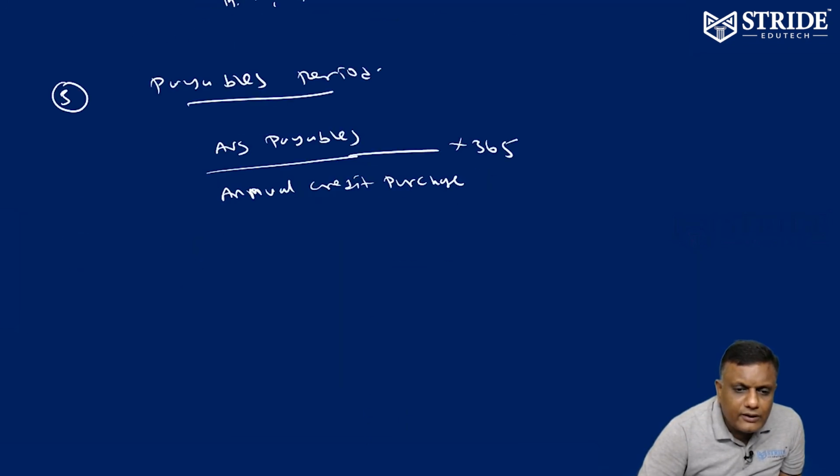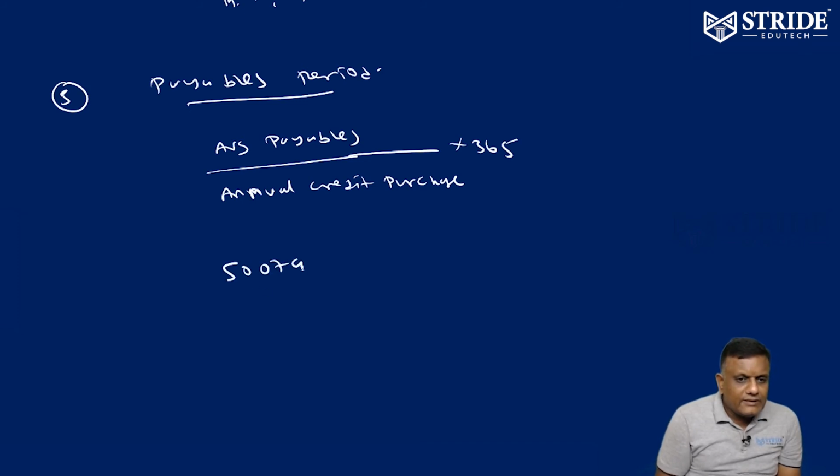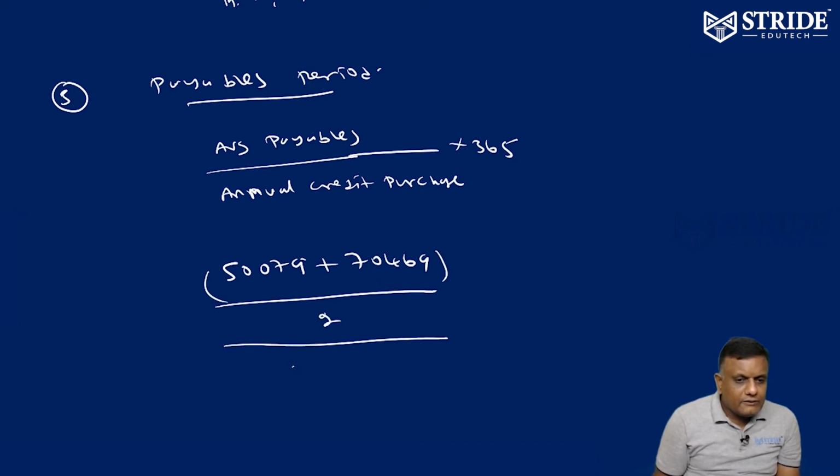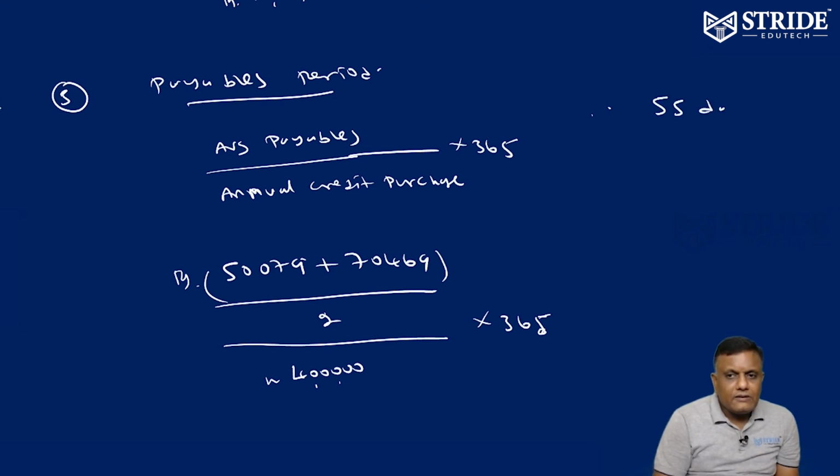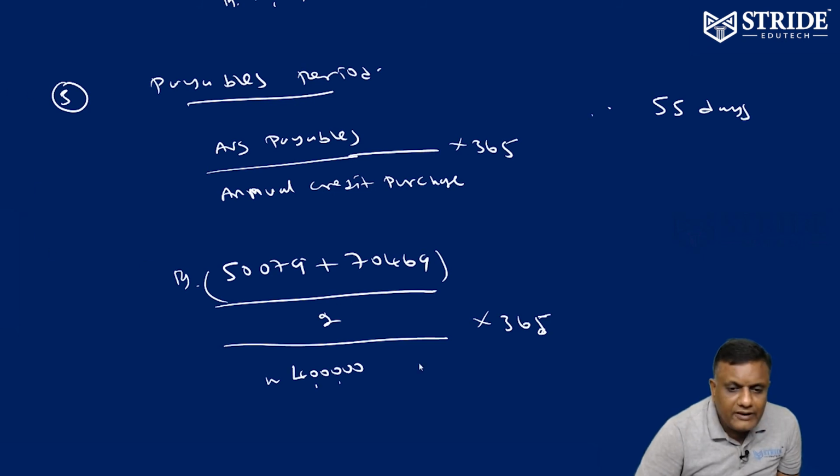Average payable is opening payable 50,079 plus closing payable 70,469, by 2, by credit purchase 4 lakhs, into 365. So the answer, payable period, is 55 days.